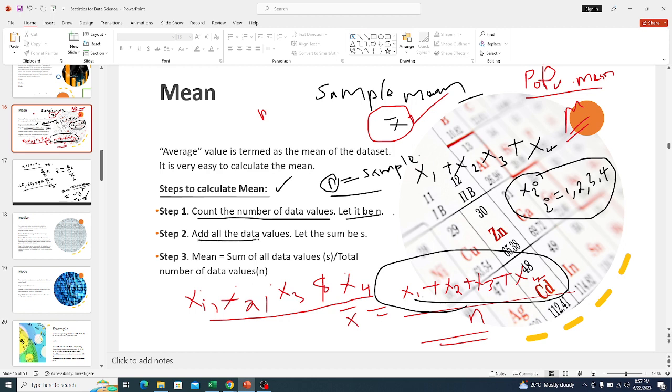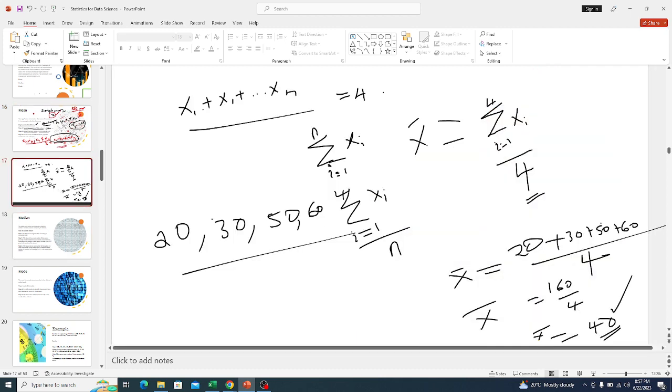Then add all the data values and let the sum be s. So we now have n, which is the sample size, and we also have the sum or total of all the values, let's call it s.